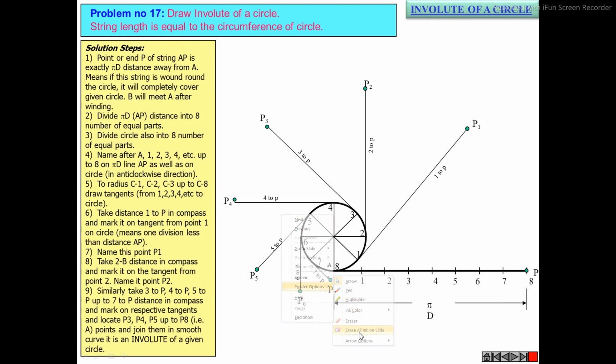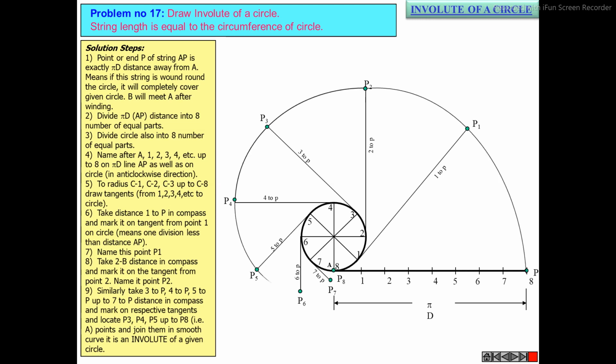Then at last, just join all these locus points freely. Once you join them, you will get a curve like this, and this curve is known as the involute of a circle.